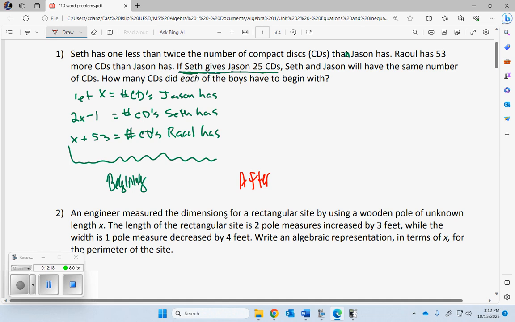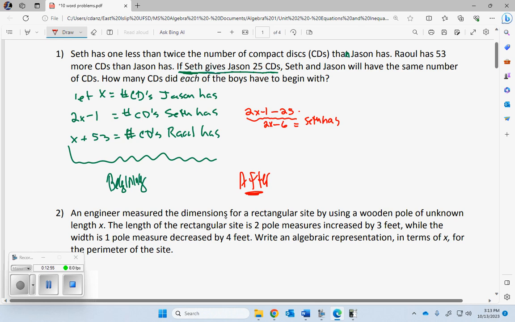So if Seth gives Jason 25 CDs, do you agree that Seth is losing CDs? So if Seth had 2x minus 1, and now he's giving away 25 CDs, now Seth has 2x minus 26 afterward.